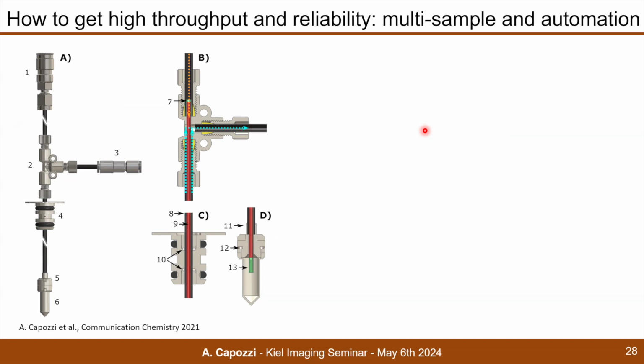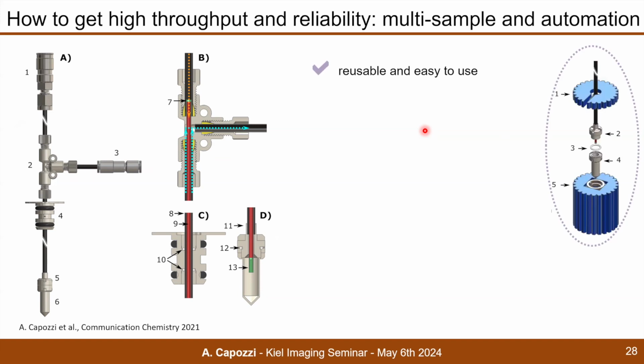So you have to rethink your system. You can move to something that we call a custom fluid path. It's a flexible sample holder. It is at the same time sample holder and dissolution system. So we developed our own.